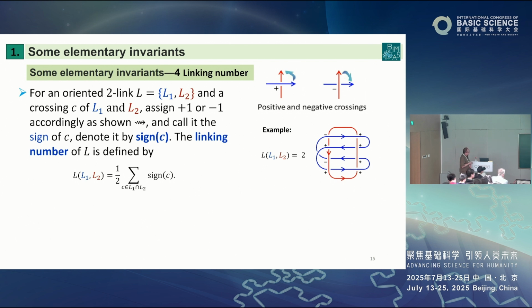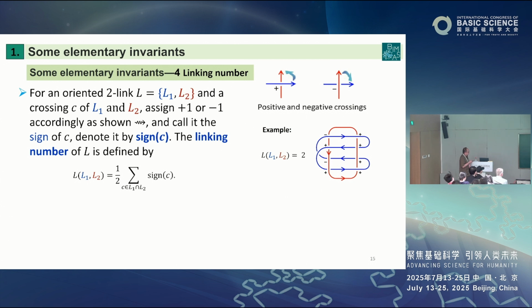The next invariant is called the linking number. For an oriented two-component link L and a crossing C of L1 and L2, we assign +1 or -1 accordingly as shown.